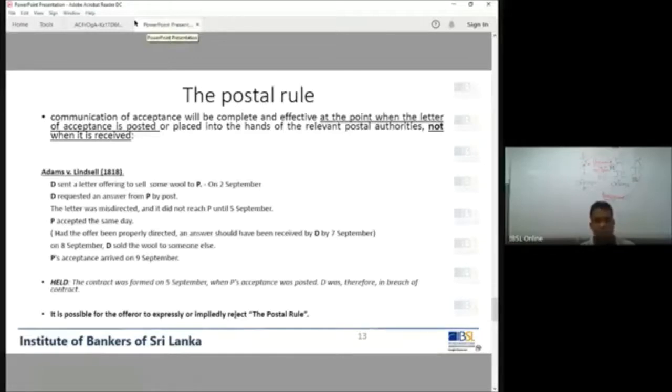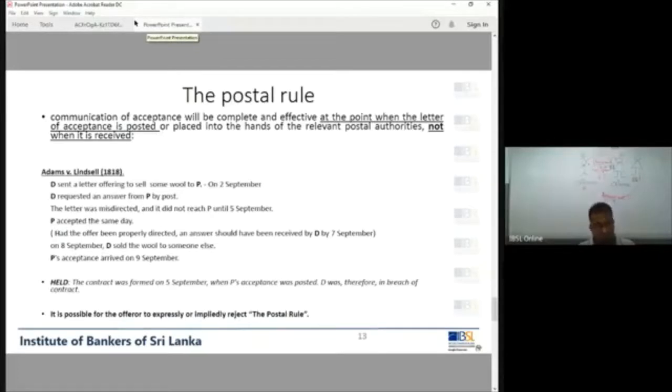It will apply only to postal letters. These are the two points you must remember very carefully. Keeping those two points in mind, we'll see what this postal rule is.